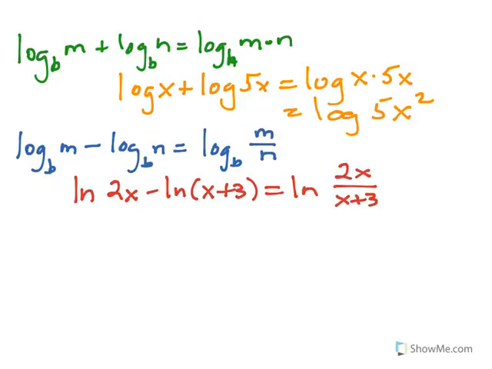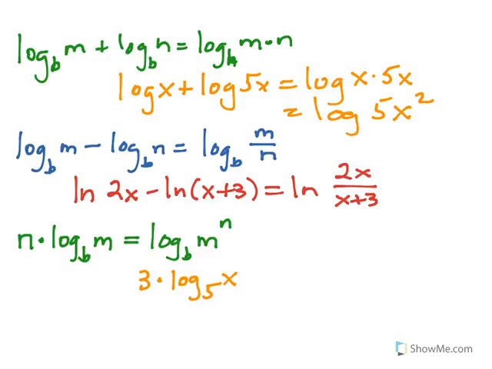When you raise a power to a power, n times log base b of m is the same as log base b of m to the n power. An example of that in use would be if we had 3 times log base 5 of x, we could rewrite it as log base 5 of x to the third.